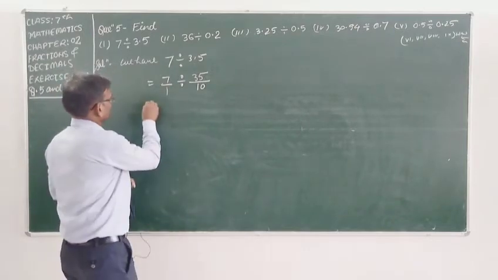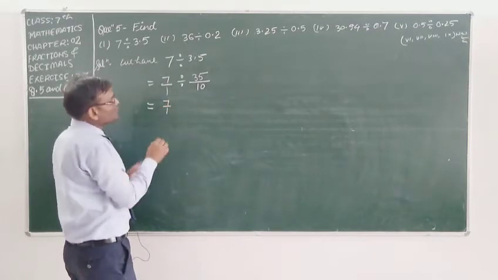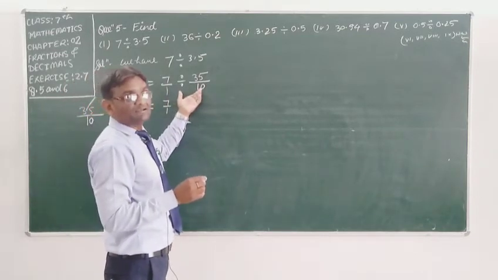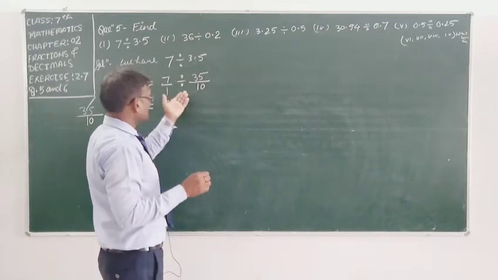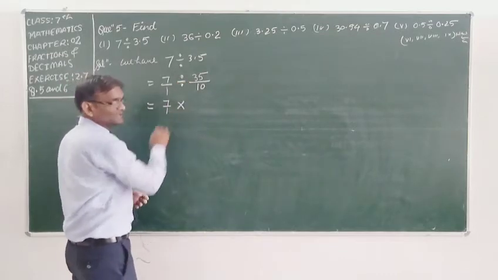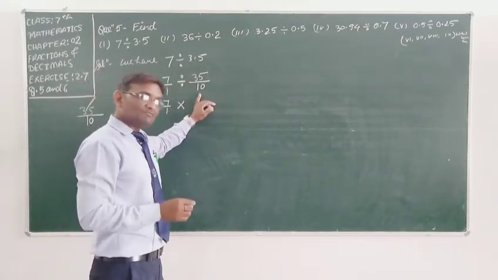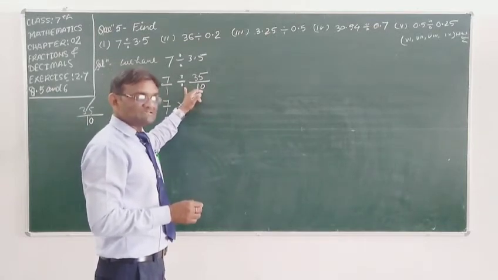Now student, divide it. 7 upon 1. How can we divide two fractions? Now both are fractions. How do we divide? We change the division sign into a multiplication sign and write the reciprocal of the fraction which comes after the division sign.